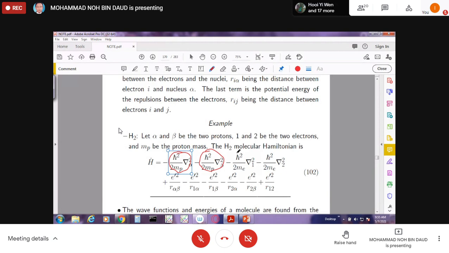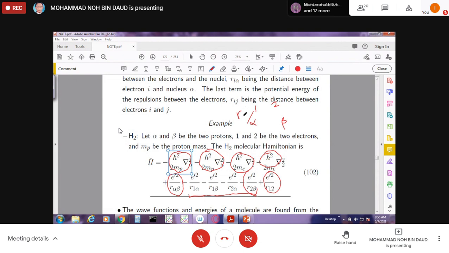This is the repulsion, and this is the electron-nucleus attraction. This is alpha, this is beta, this is electron 1, this is electron 2.